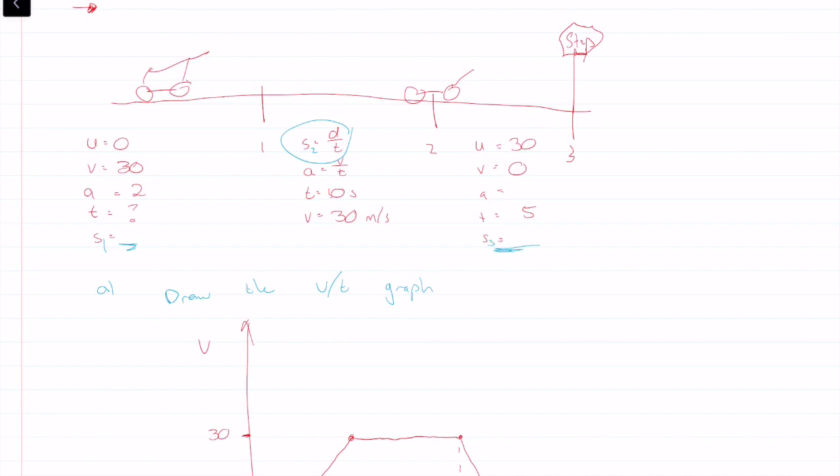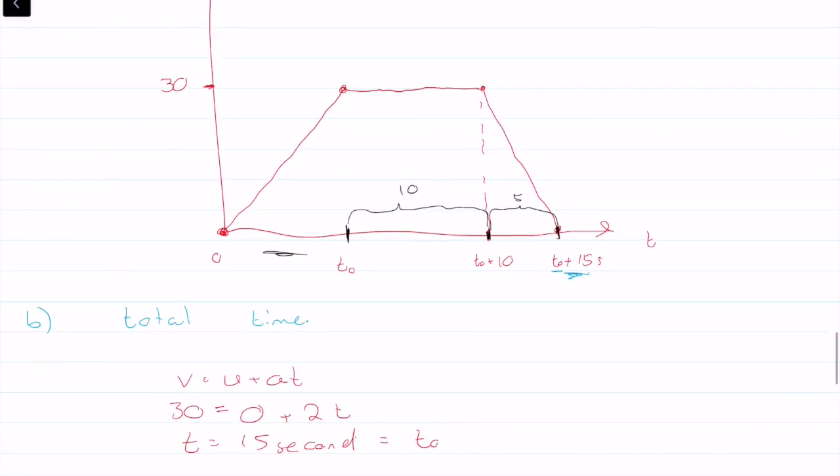Or we can use the fact that we've already drawn the velocity time graph. We know what these values are. This is going to be t naught, which is 15, 15 plus 10 is 25, and 15 plus 15 is 30 seconds. So we know all these values, so we can use the area under the graph, because we know that is our displacement, so we can use that approach, which would be much easier.